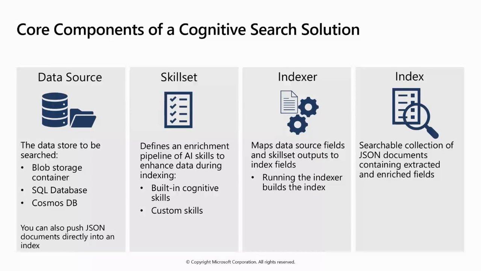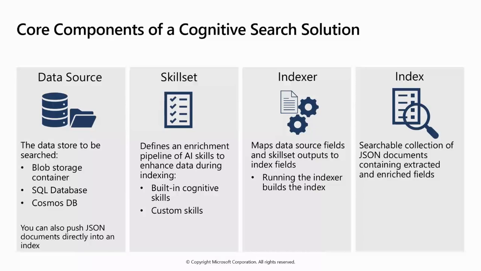The following are some samples of information that an AI skill can extract. We can extract the language in which a document is written, the key phrases that might help determine the main themes or topics discussed in a document, and the sentiment score that quantifies how positive or how negative a document is.